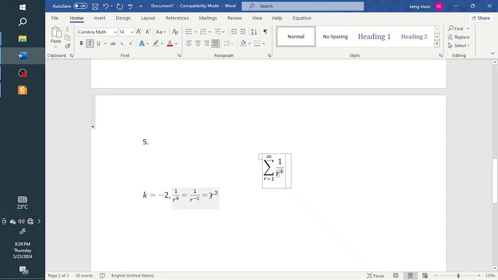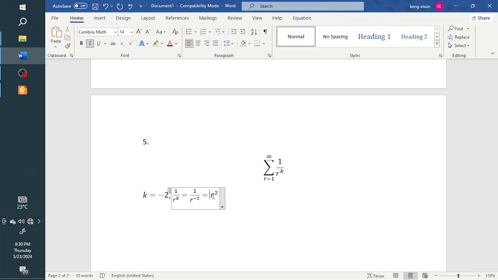Now if you're summing r squared, just think about summing r squared from 1 till infinity. Replace r with 1, keep; replace r with 2, keep; replace r with 3, keep; then sum everything. As you replace r with increasing numbers, the sum keeps increasing, so you'll never arrive at a certain value.